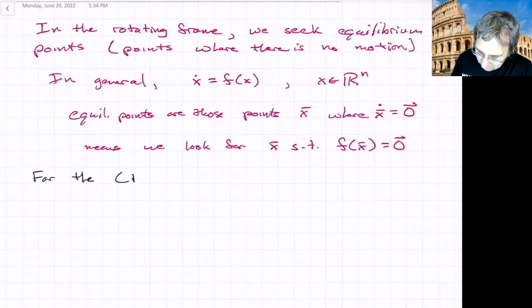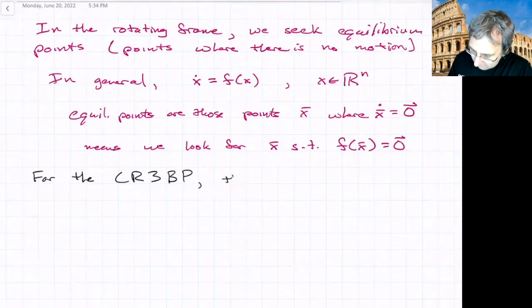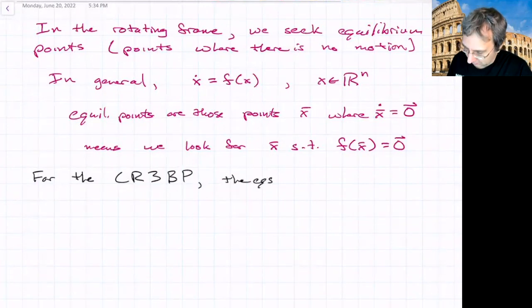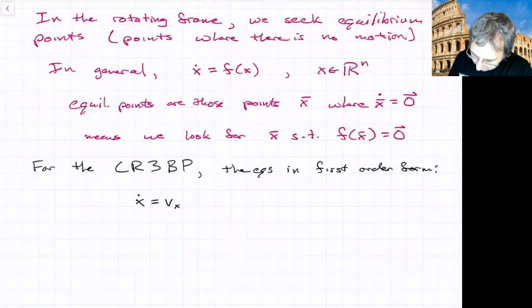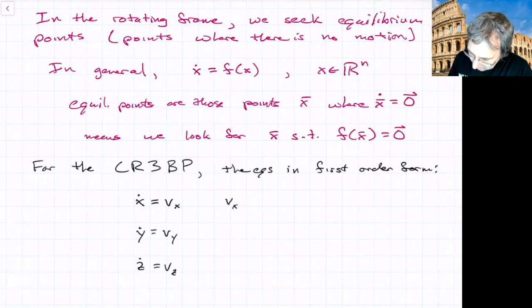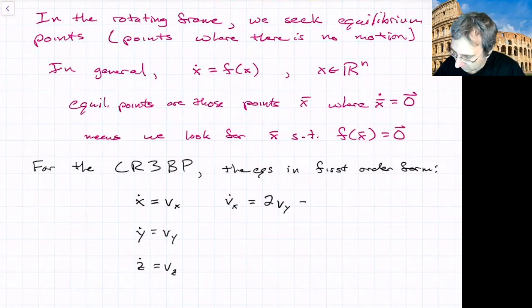For the circular restricted three-body problem, or CR3BP, the usual equations that we've been looking at, the equations in first order form, look like the following. x dot equals Vx, y dot equals Vy, I'll include z, and then Vx dot equals 2Vy minus the partial derivative of the effective potential function. I'll write that as U bar sub x.